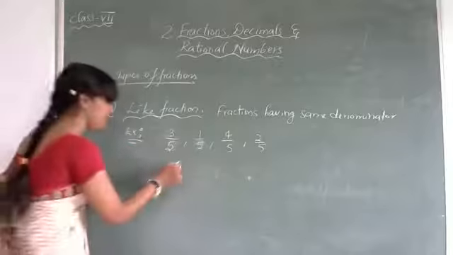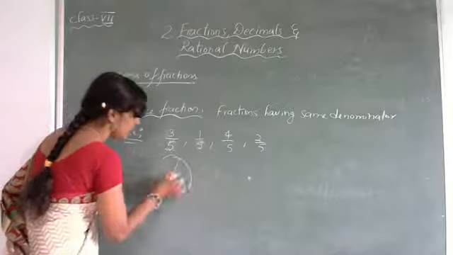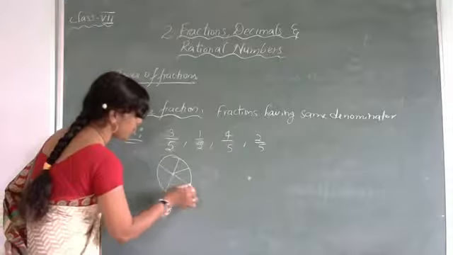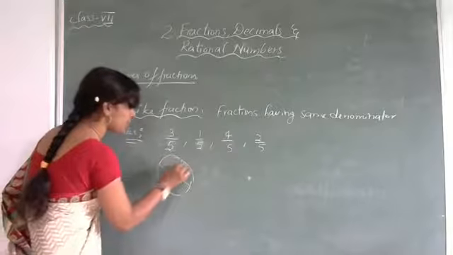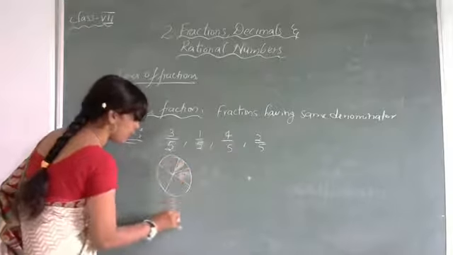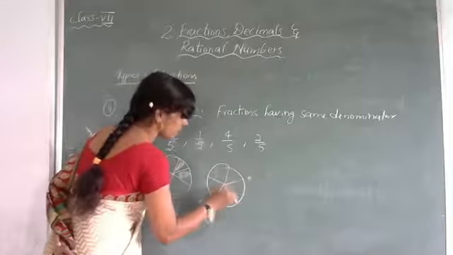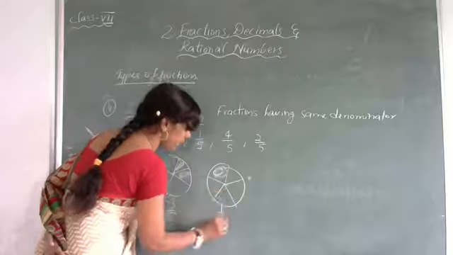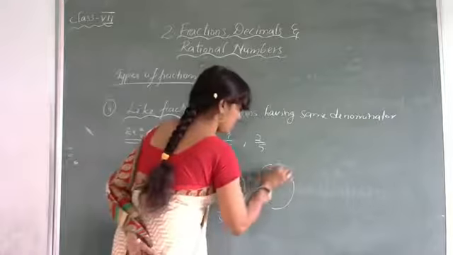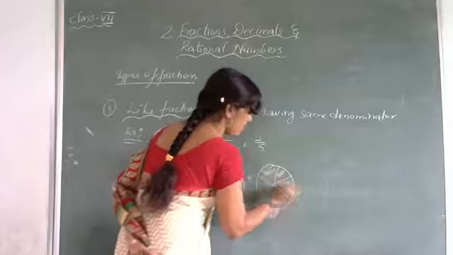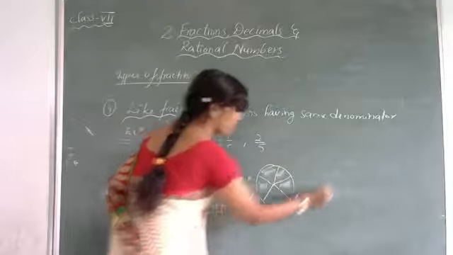For example, I am representing this, children. See 1, 2, 3, 4, 5. How many parts do we have to share? 3 parts. This is 3 by 5. This is 1 by 5. This is 4 by 5.